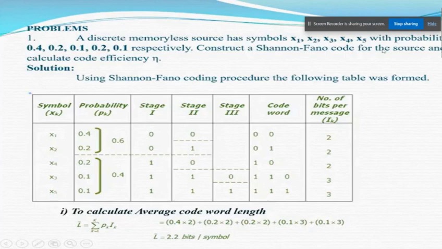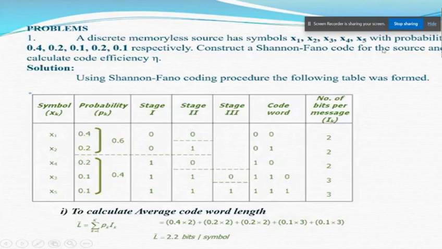Now we take the number of bits per message, lk, as the code word size. We have a 2-bit code word for the probability 0.4 with symbol x1, so we assign 2 for 0.4. Similarly for 0.2 we assign 2, because the code word is 01 with 2 bits.